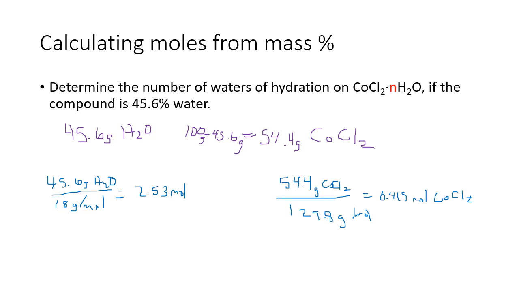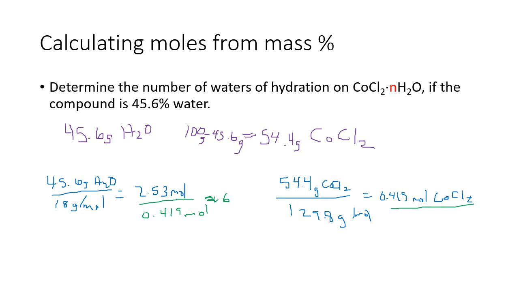Okay, so we're in the home stretch here. When we get to the point where we have our stuff in moles, we're going to divide by the smallest number of moles so that we can get to a whole number. So in this case, that is the 0.419, and this will give us a whole number. And we're going to round it. So this is about 6.